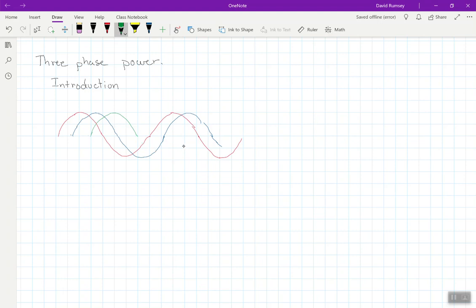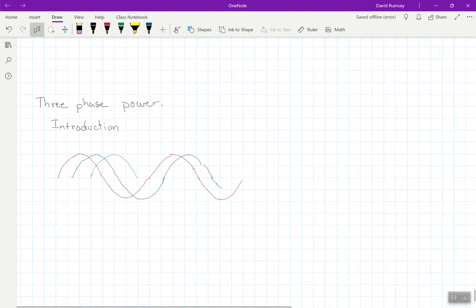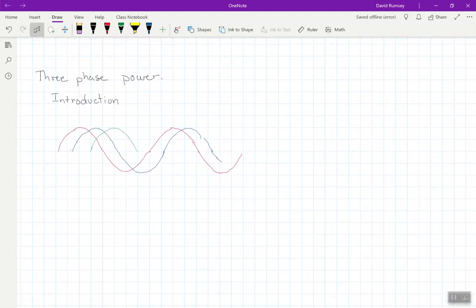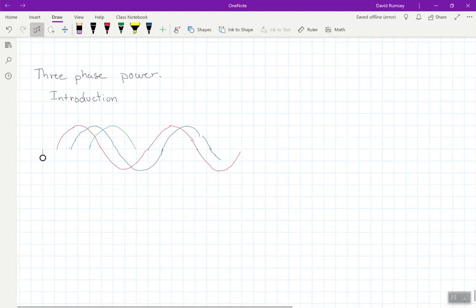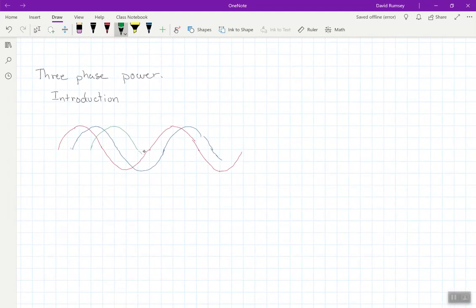Your eyes can start bugging out when you're trying to draw these things with all of these different ones. Did I do that right? Yeah. There we go. All right.